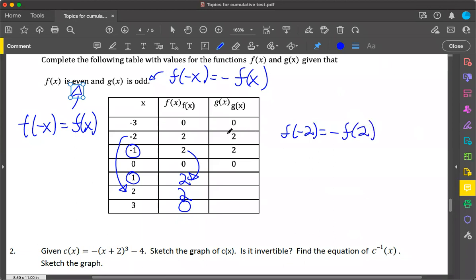So this is 2, and it should be equal to the negative version of f of 2, so you could say that -2 should be equal to f of 2. And you can also say that for -1. And 0 is just going to be 0. So you see some differences here in the 1, 2.